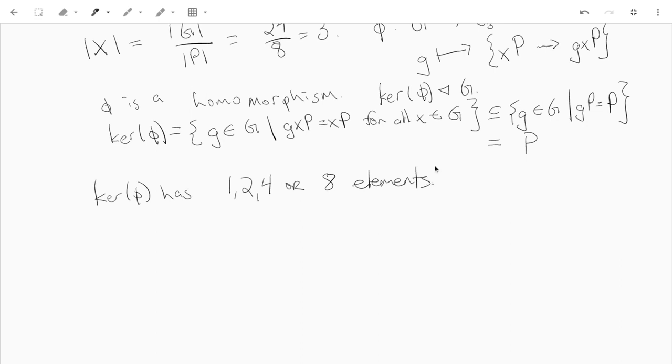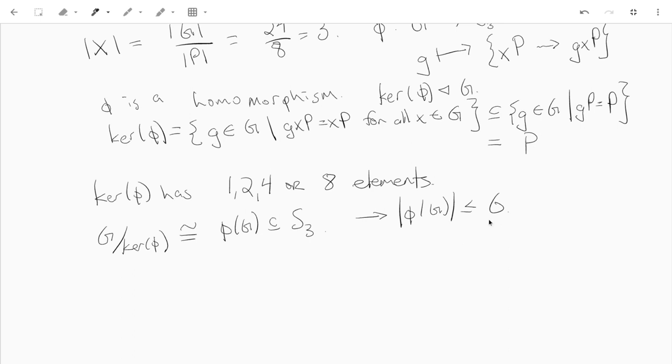But also, by the first isomorphism theorem, G mod the kernel of phi is isomorphic to phi of G. Phi of G is sitting inside S3. S3 has 6 elements, so phi of G has at most 6 elements.